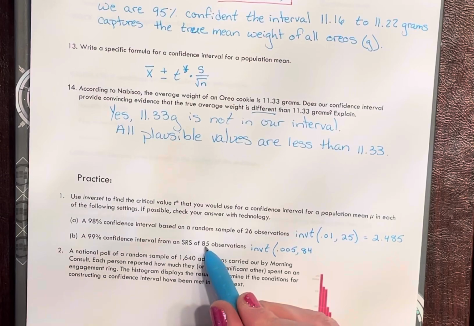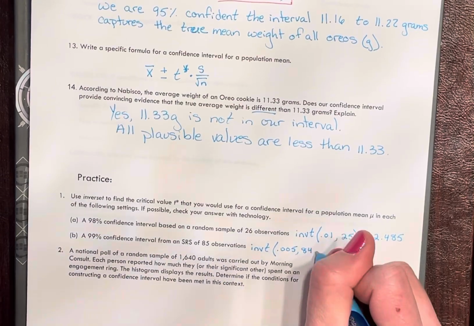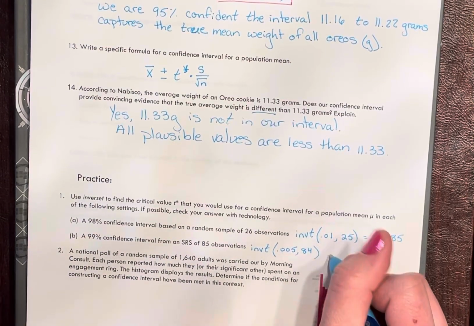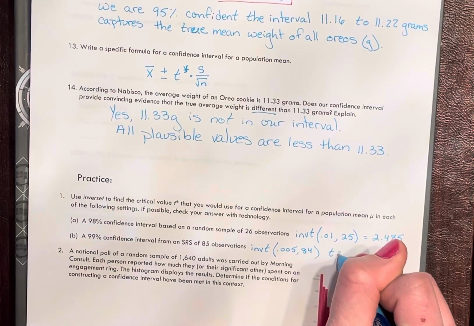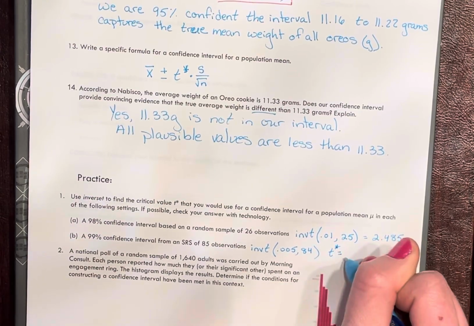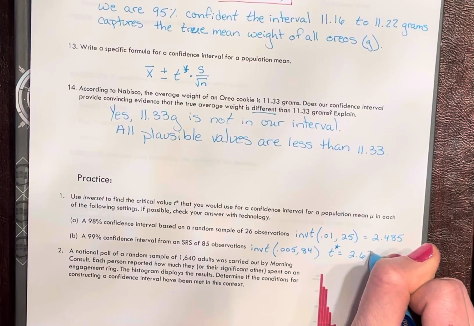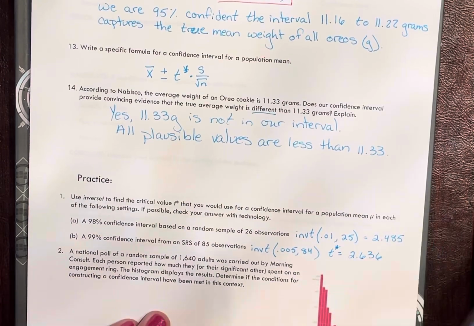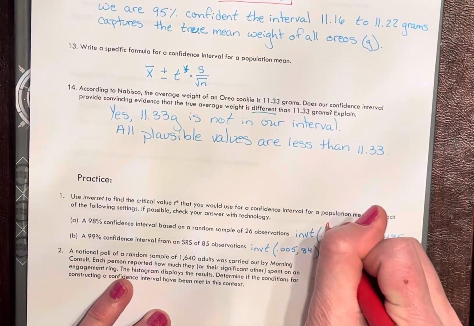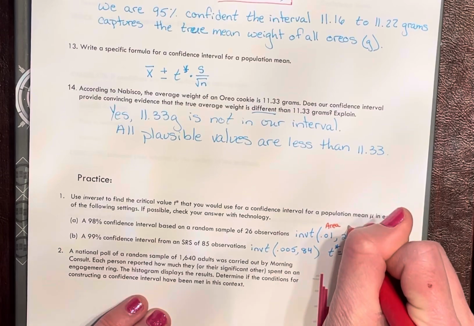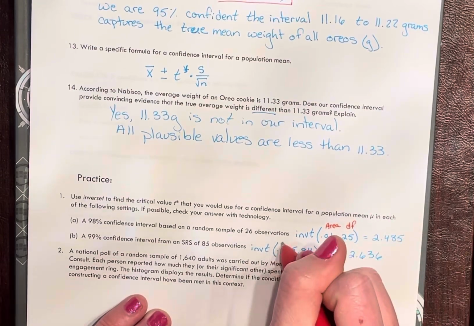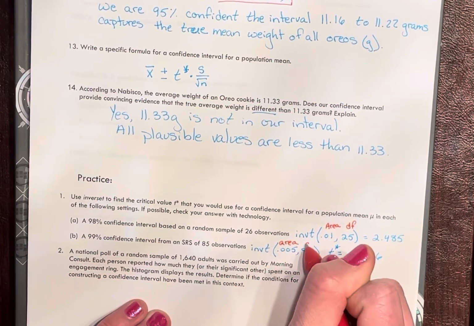It's always the number in your sample minus 1. And that gives me t star equal to 2.636. So what are these points? This is the area, and this is the degrees of freedom. Area, degrees of freedom.